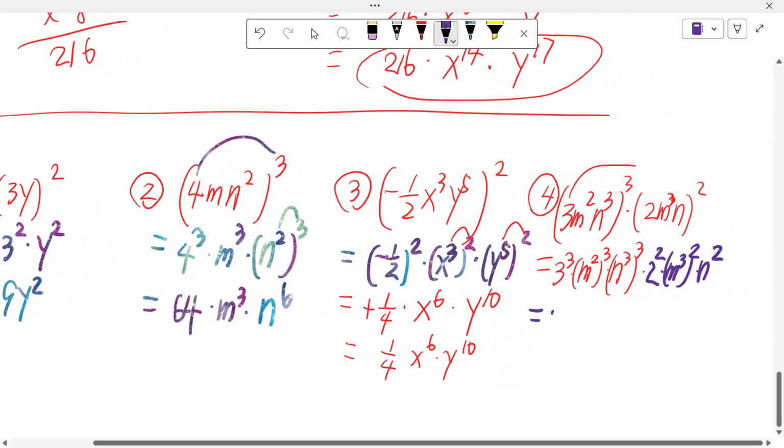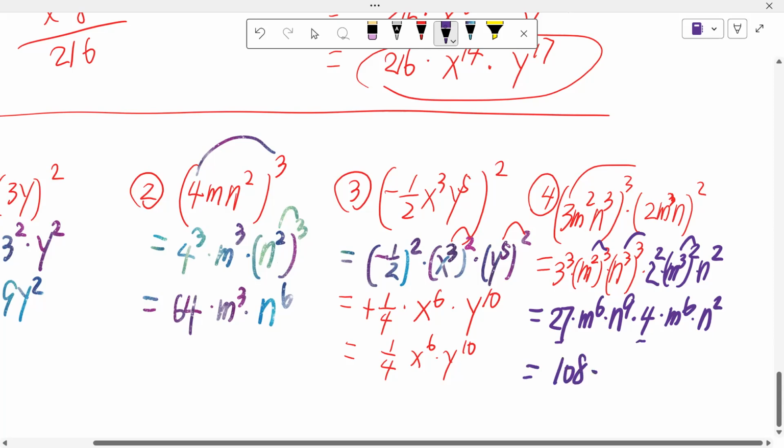And 3 cubed, that's 27. For m, 2 times 3 is 6, and 3 times 3 is 9. 2 squared is 4. For n, 3 times 2, 6, n squared. I'll multiply 27 and 4, you get 108.